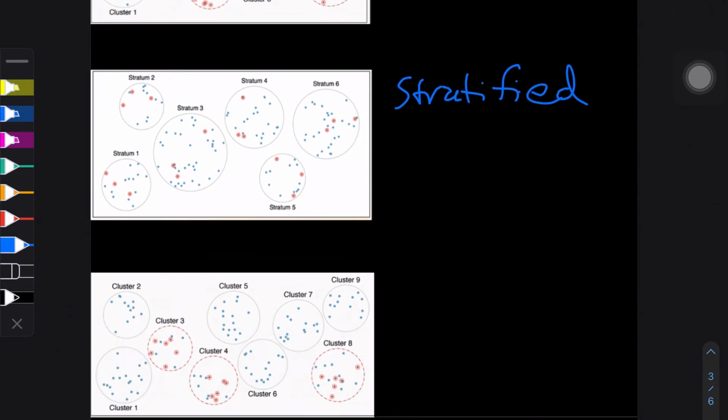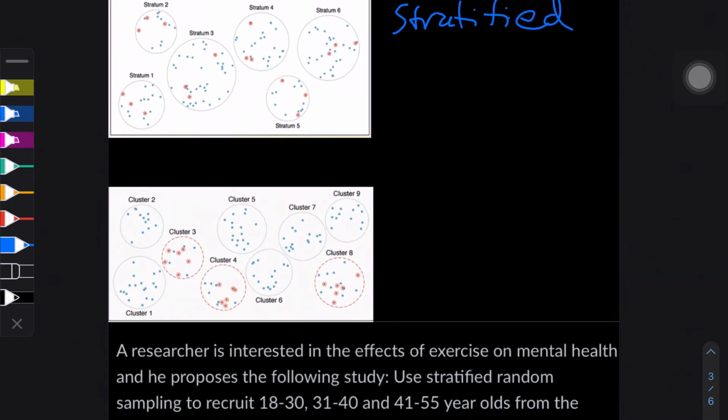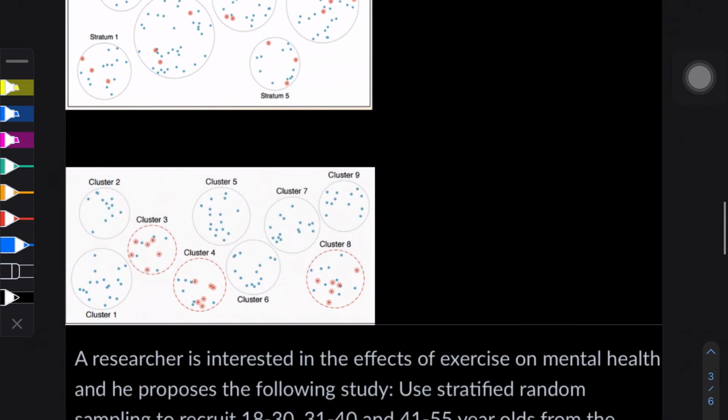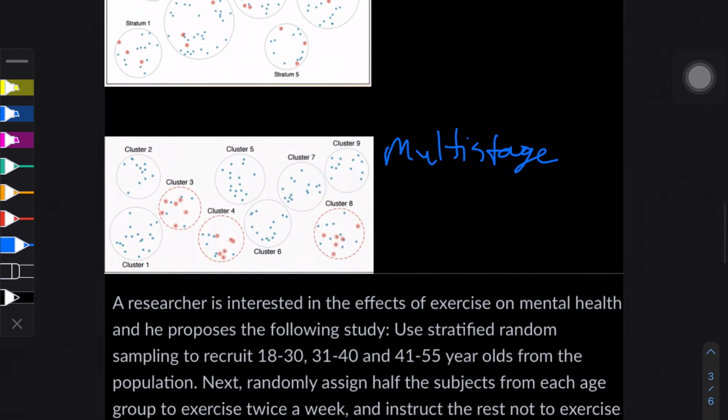And then even inside the strata, we still use simple random sampling once we have made the strata. And the next one is going to be multi-stage sampling. And you can see this is multi-stage because first we start off with picking our 9 clusters. And then once we have our 9 clusters, we simple random sample from 3 of those clusters. So if that makes sense, that would be multi-stage.